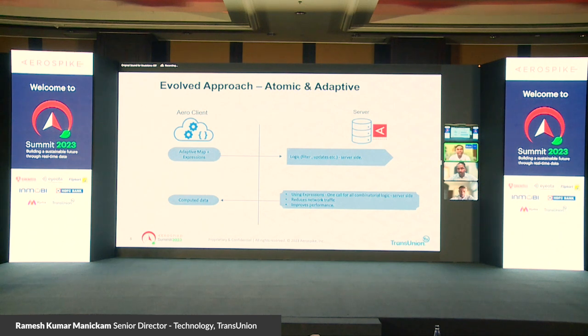We cannot afford to not have current data and provide results to customers based on day-old data. So for these two specific reasons, we chose to go with the adaptive map and expressions. Anything else you may want to add?